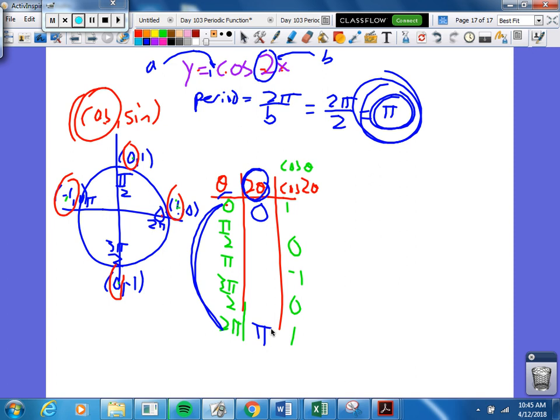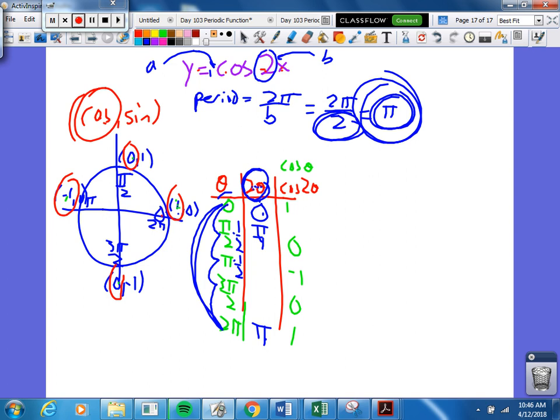Boom, pi. Okay, so one thing you could do is you see there's 4 intervals, right? 1, 2, 3, 4. You can divide this by 4 and count by fourths if you want to do it that way. Or you see that we divided by 2, so it's the opposite of multiplying by 2. We're going to divide by 2, which is multiplying by half, and you can get your new values.